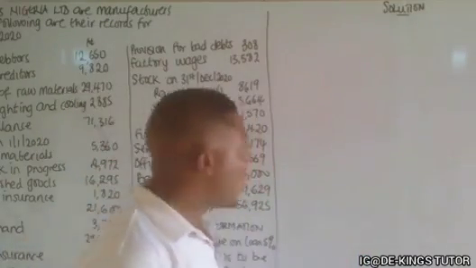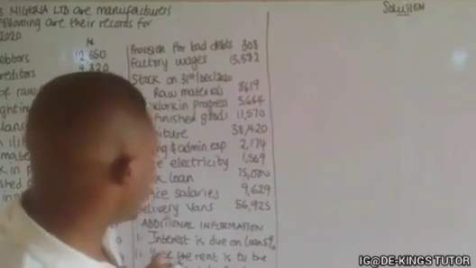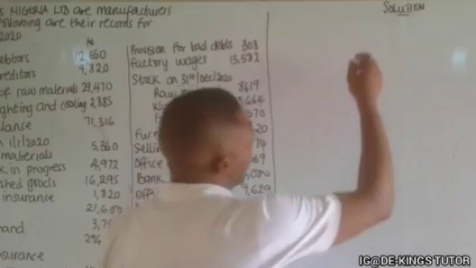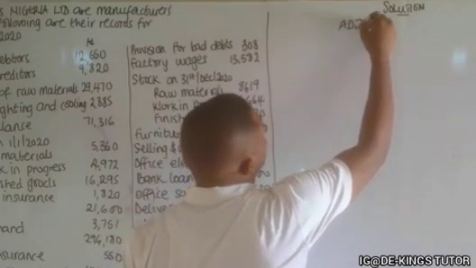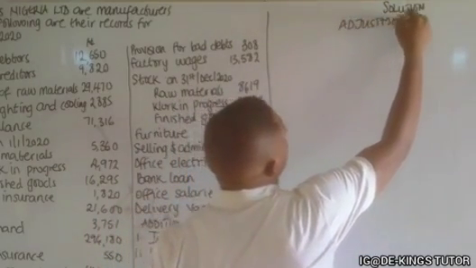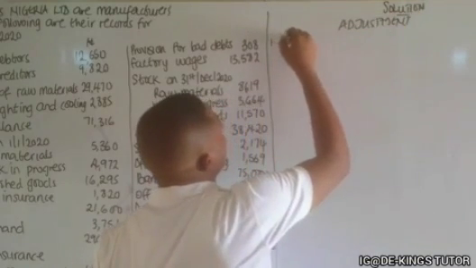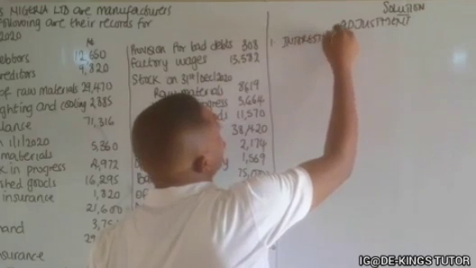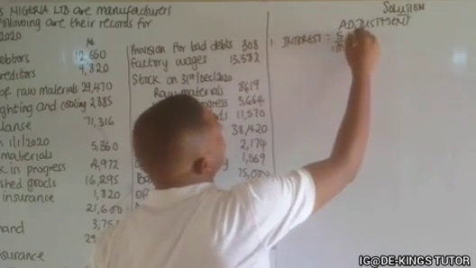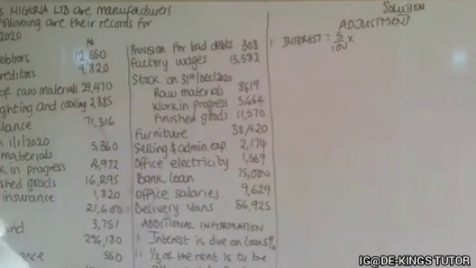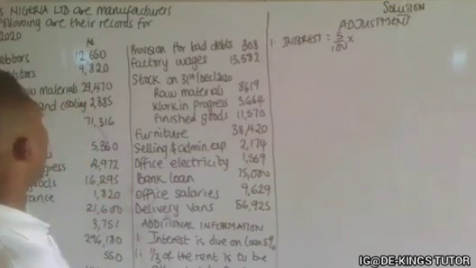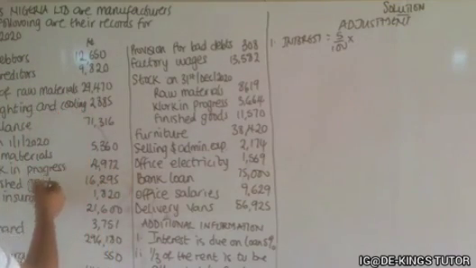So the first adjustment says interest is due on loan at 5%. It means they collected a loan, but the interest was not paid. So we have adjustment. Now I have interest at 5%, that's 5/100 times the value of the loan. Let's check the value for loan here.